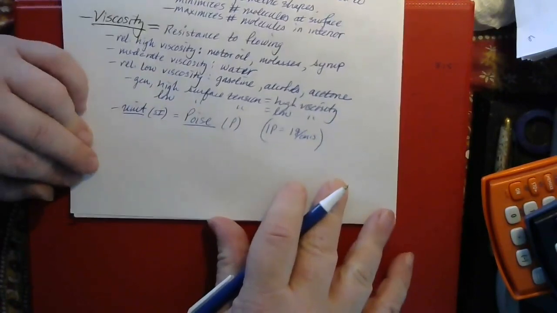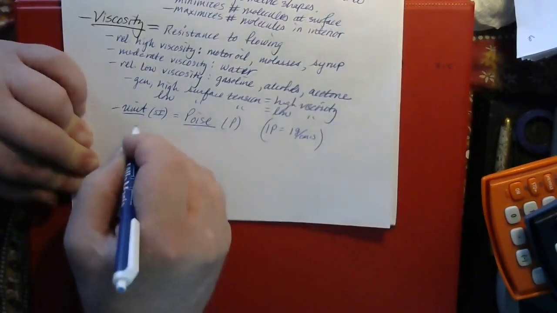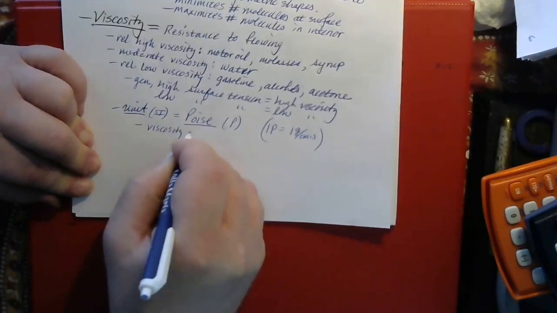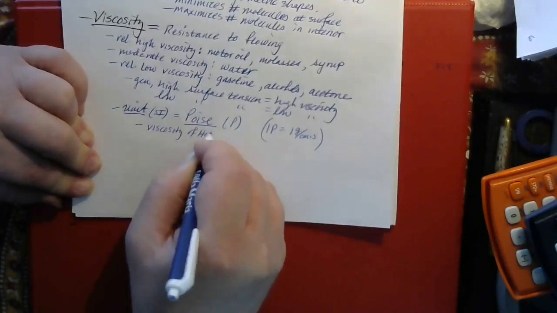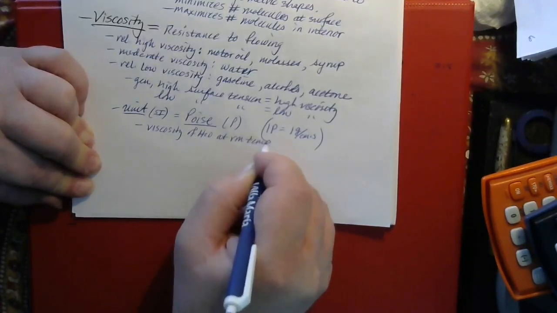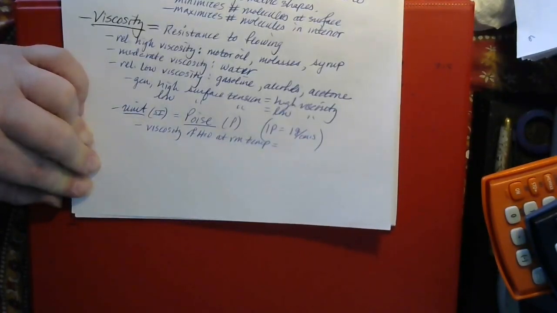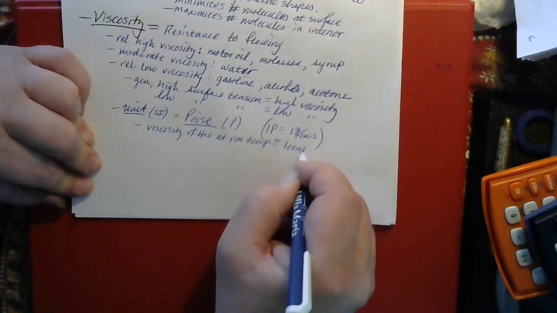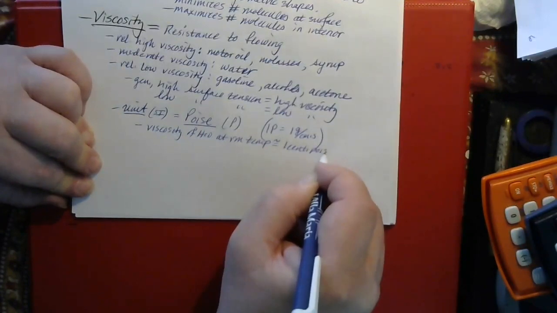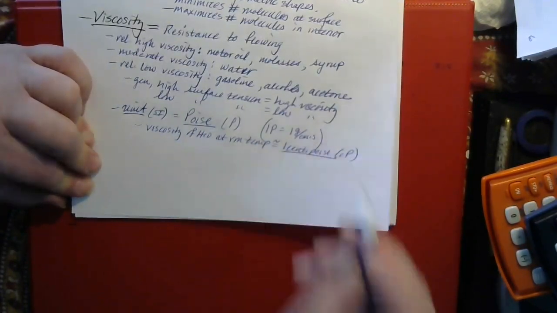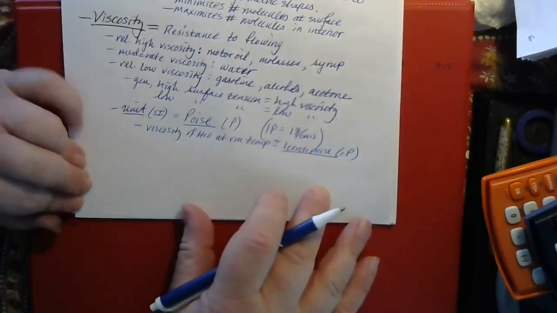Anyway, the viscosity of water at room temperature is about 1 centipoise. And since poise is an SI unit, you can use metric prefixes with it.